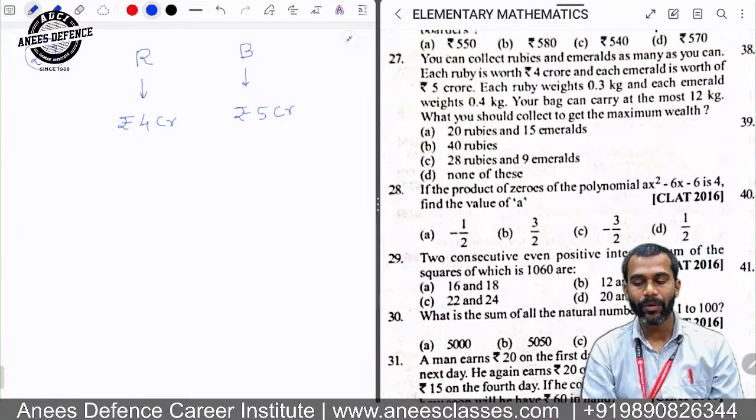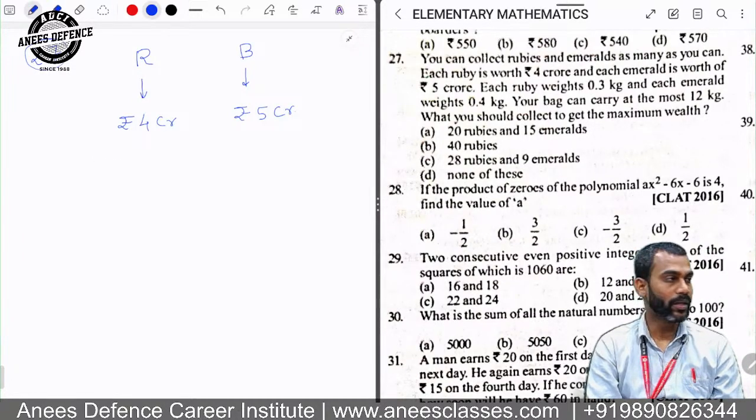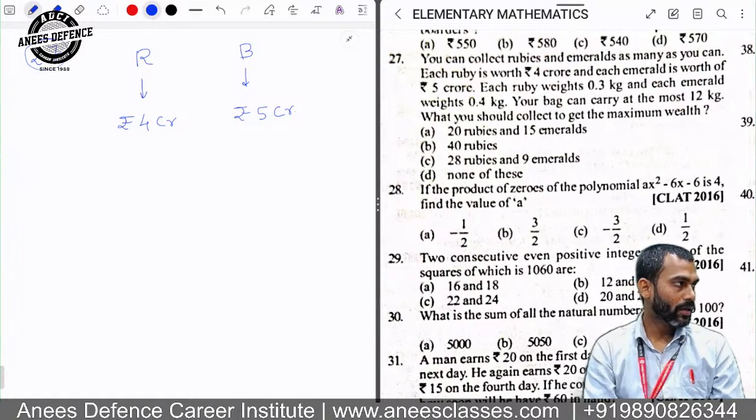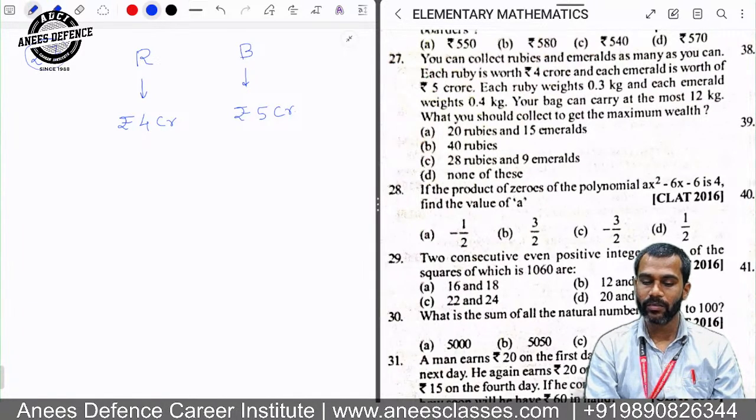the cost of ruby per kg. What would it be, tell me. Each ruby costs how many rupees? 4 crore. And the next one is 5 crore.